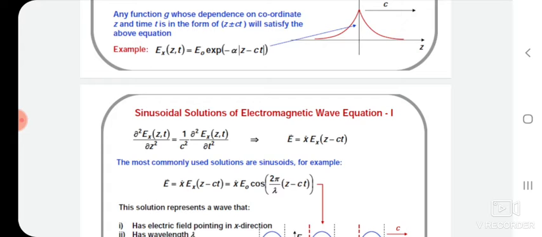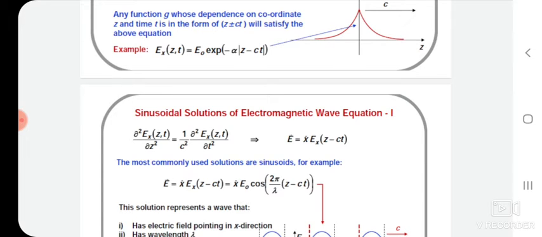Okay, the most commonly used solutions are sinusoidal. For example, vector E is equal to x-cap Ex(z minus ct), which is equal to x-cap E naught cos of 2 pi by lambda into (z minus ct).